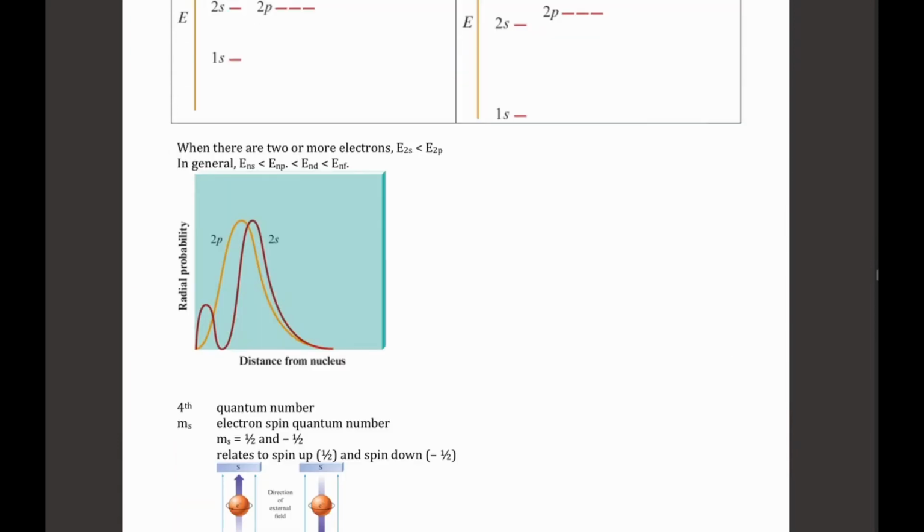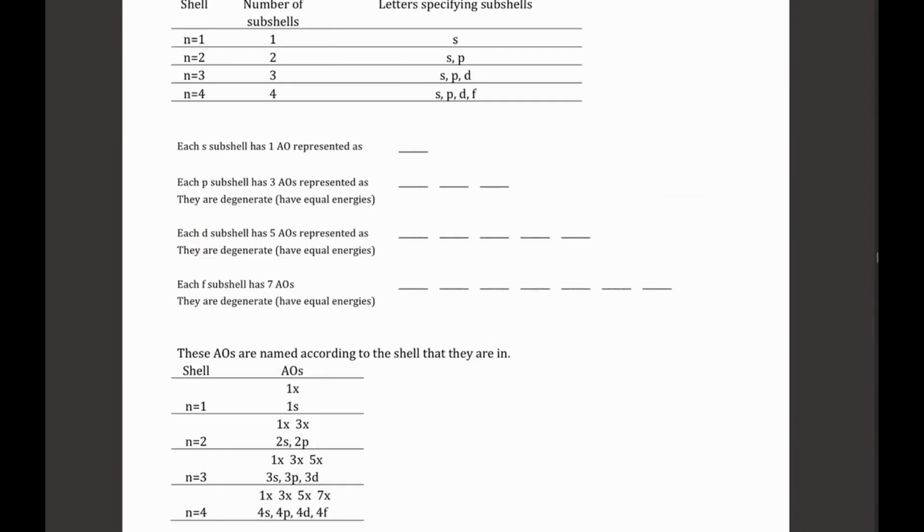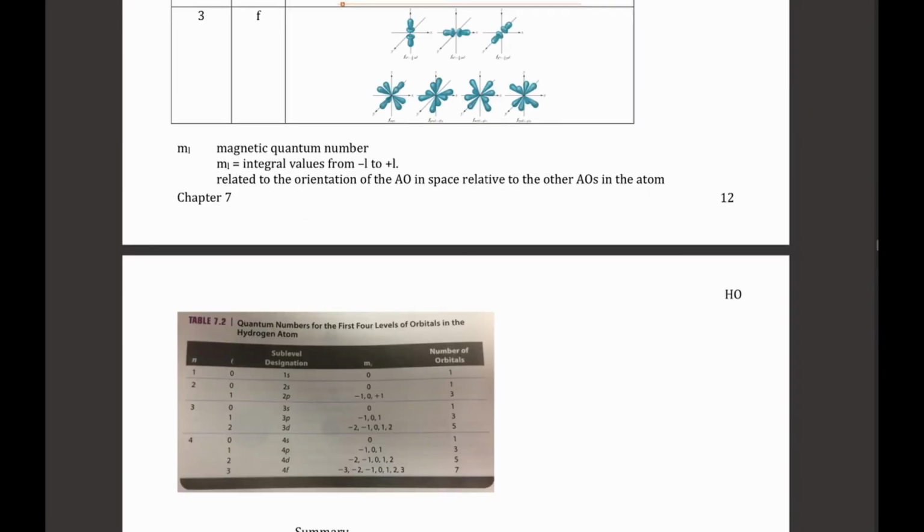M sub L is the magnetic quantum number. M sub L has integral values varying from negative L to positive L. For example, when L is 0, M sub L can only be 0.